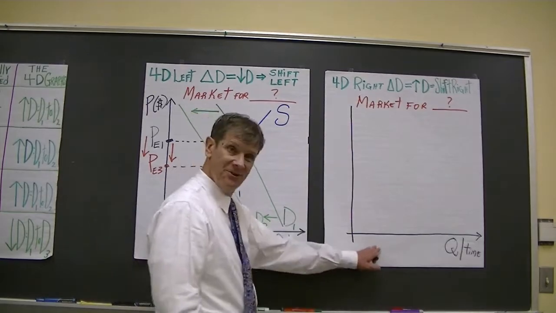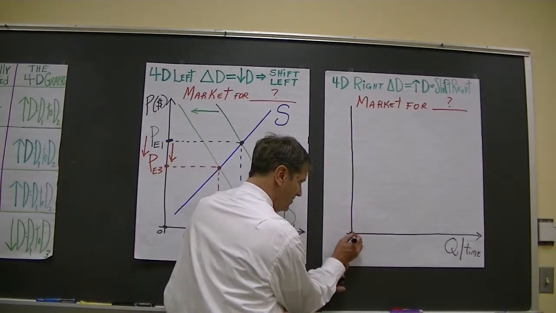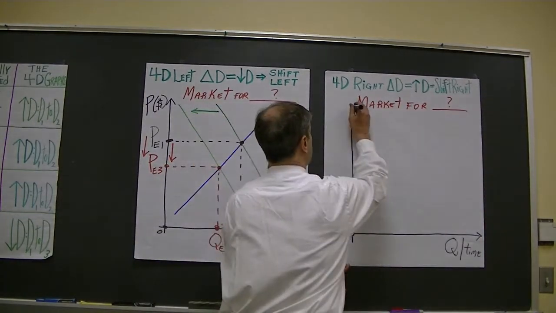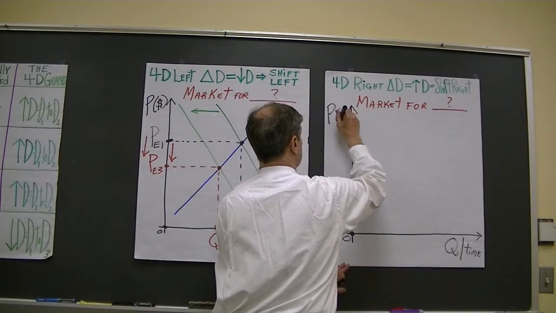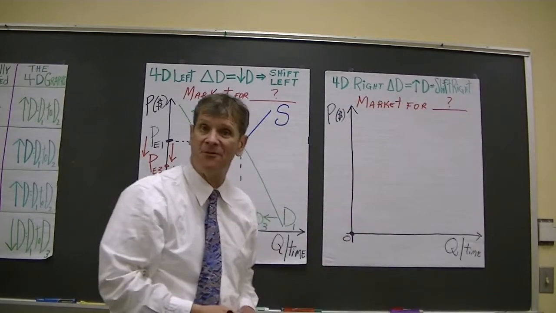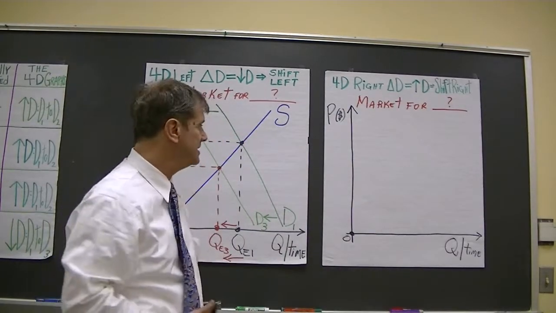Quantity per some time period on the horizontal axis. There's our origin, 0. Here's my arrow again. Big P for price, expressed in terms of dollars in the United States.